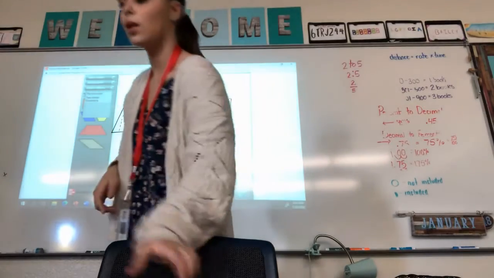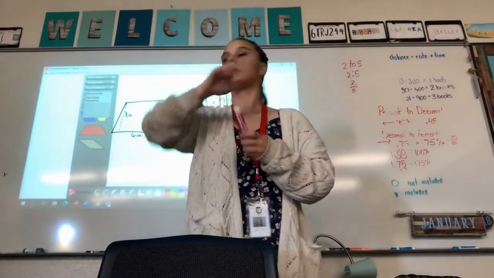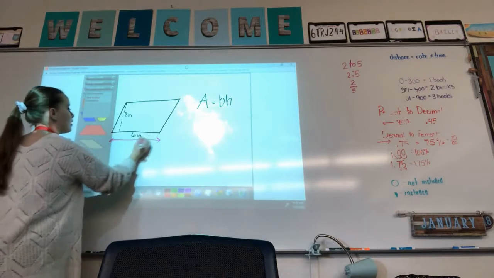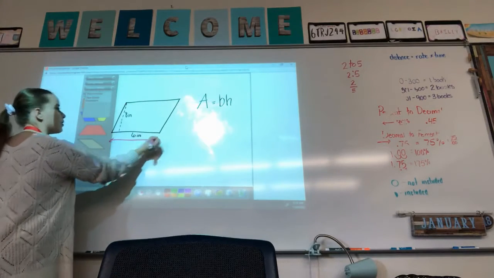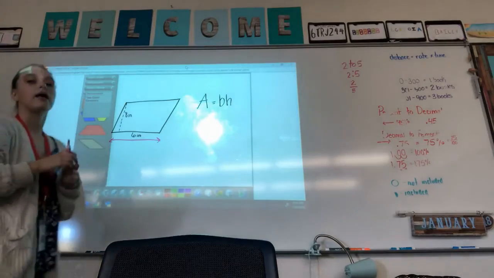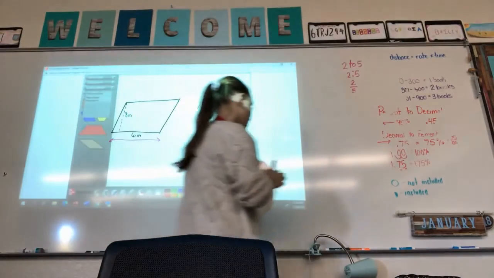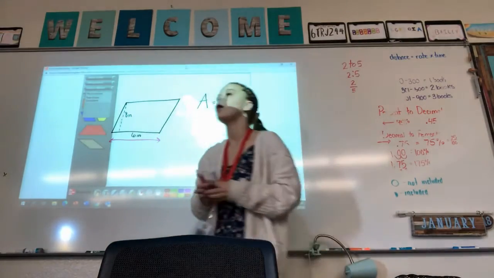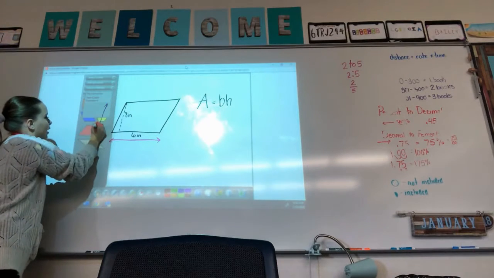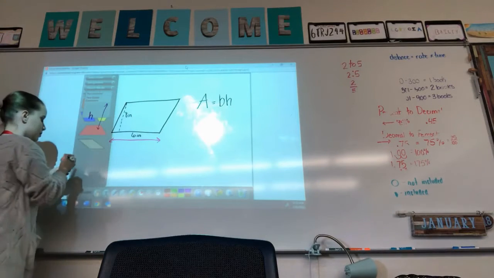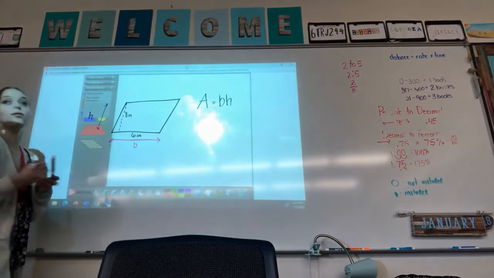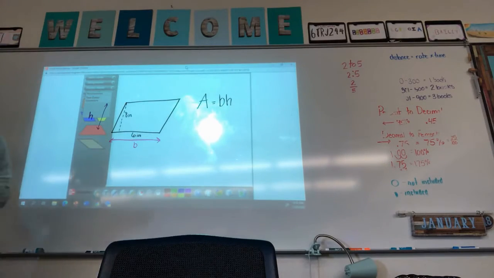Our base is going to be the number right here on the bottom. It gives us this length right here. And our height is going to give us this dimension, right? So this is height, and this is our base. And all we have to do is plug it in.